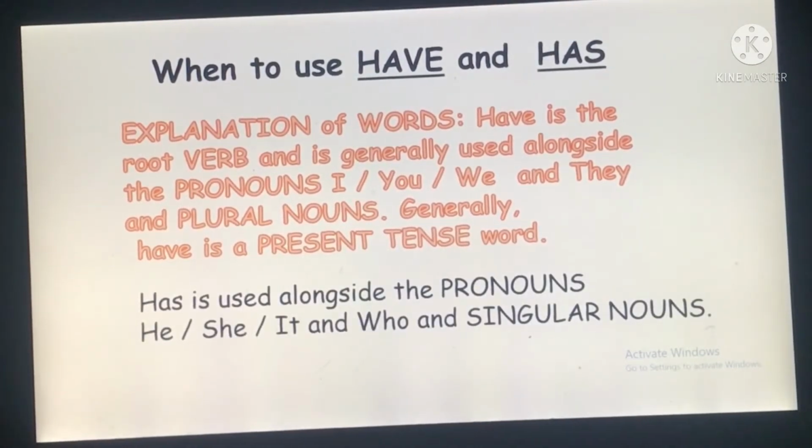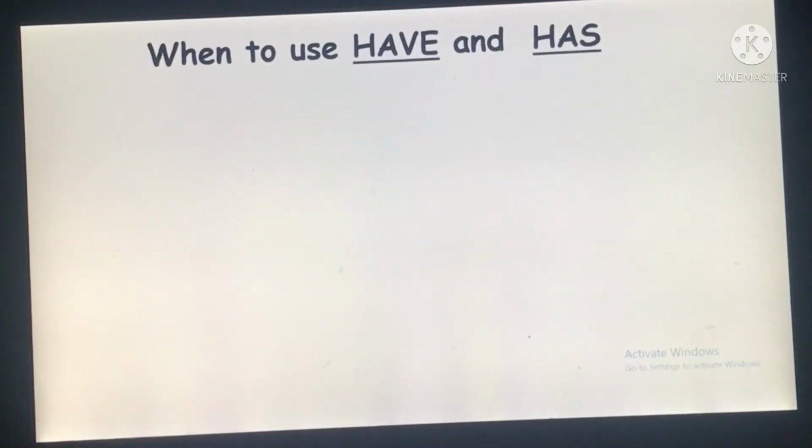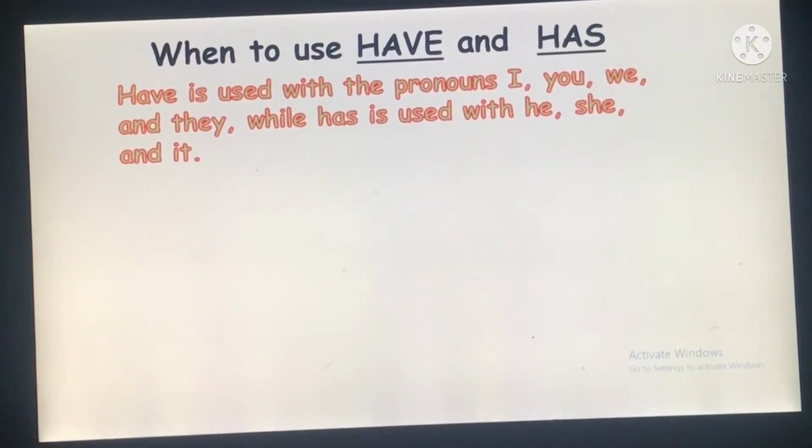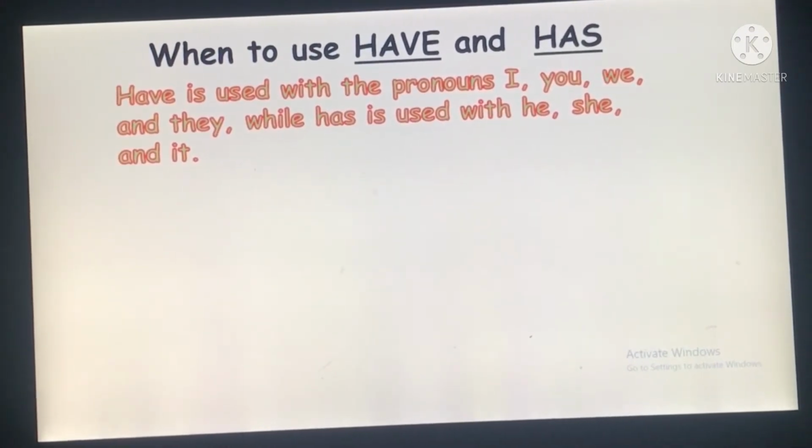Has is used alongside the pronouns he, she, it, and who, and singular nouns. When to use have and has. Have is used with the pronouns I, you, we, and they, while has is used with he, she, and it.